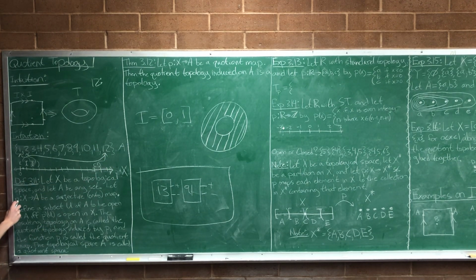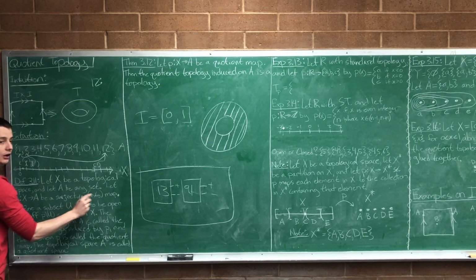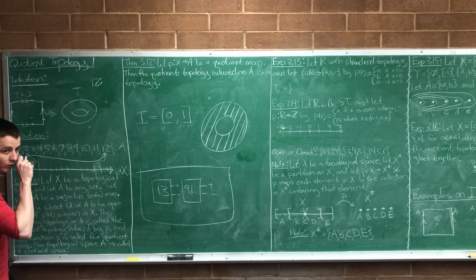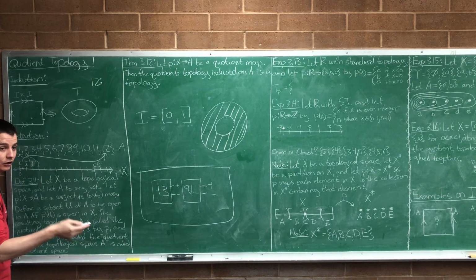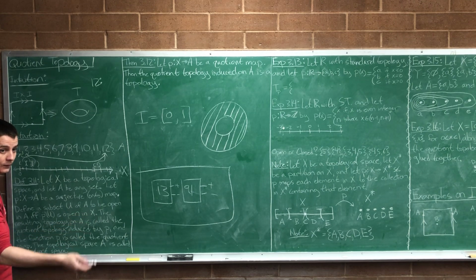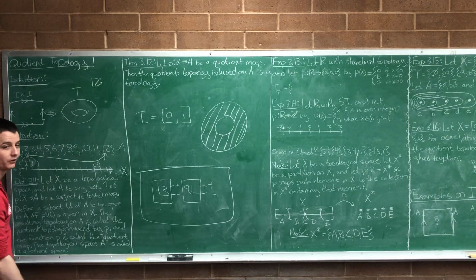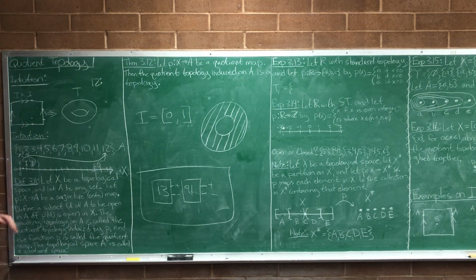So let P be a function from X to A, and let it be a surjective or an onto function, or map. You remember what onto means, or surjective means? It's from every class that you've ever taken that had functions. They talked about either surjective or onto.